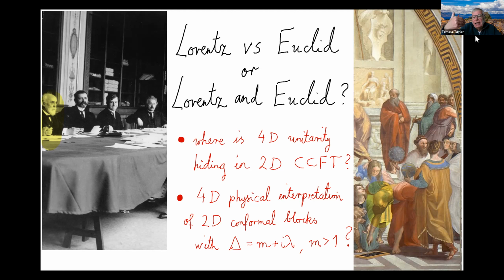And that brings me to the next point, which is that right now I think we agree that we know more or less what the two-dimensional conformal blocks are. These blocks, for example, are of the form integer plus i lambda. So one obvious question you can ask, and I was trying to make this point yesterday, is what is the physical interpretation of the states?